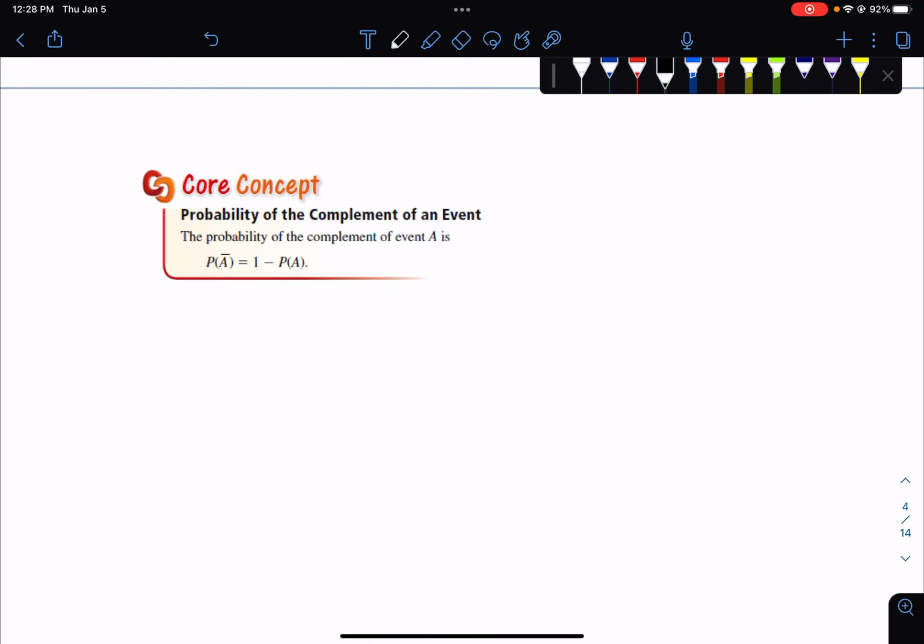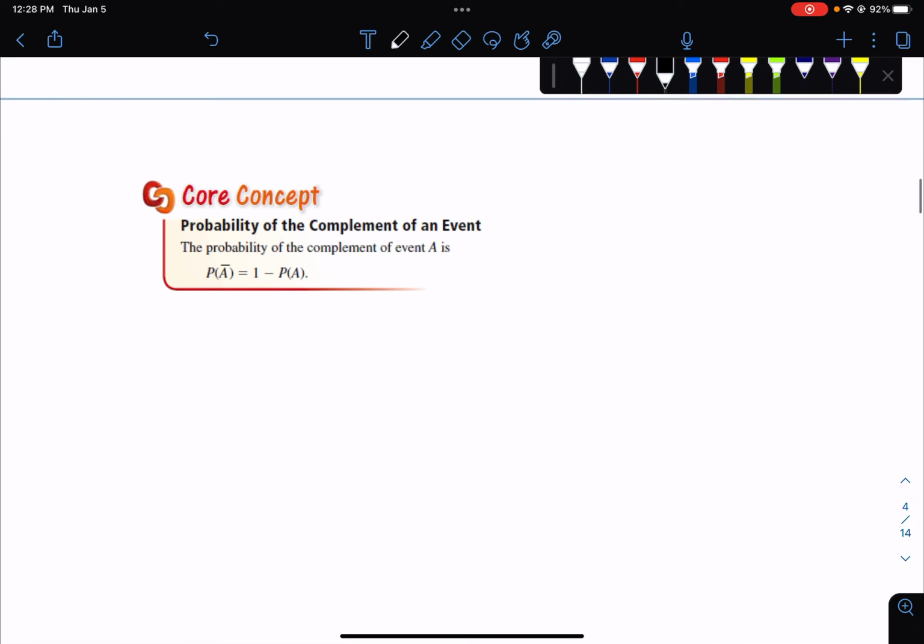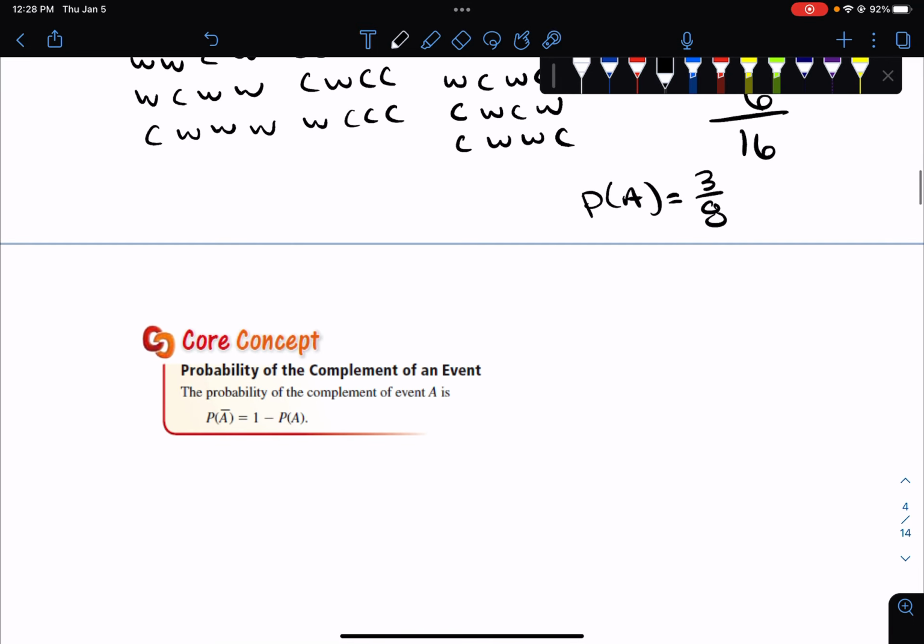The probability of the complement of an event is like saying, what's the probability of not getting exactly 2? And the way that we write that is written right here. If it's the probability of something not happening, I would put the probability of A, but I don't want A to happen, so you put a line above it.